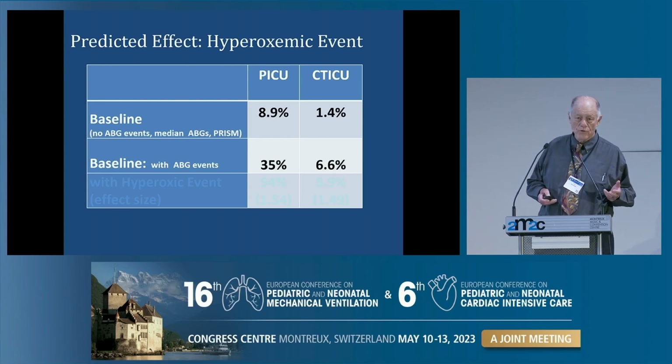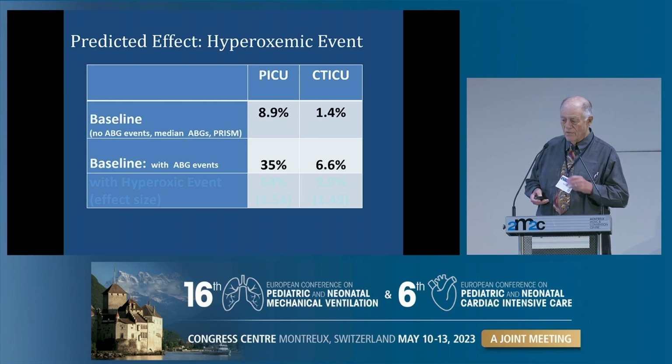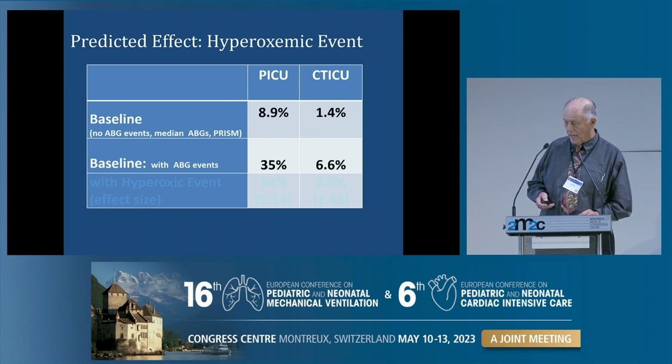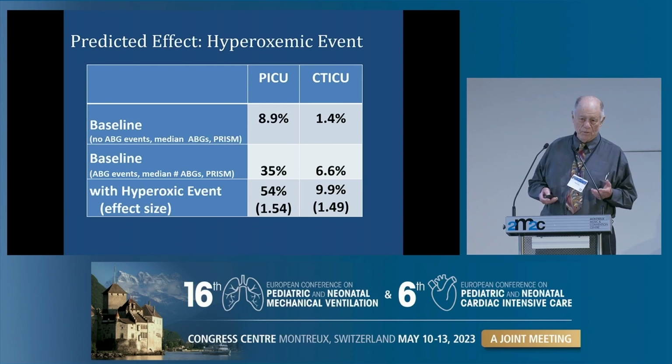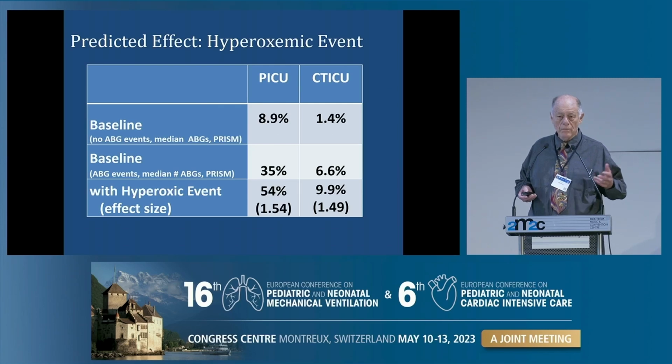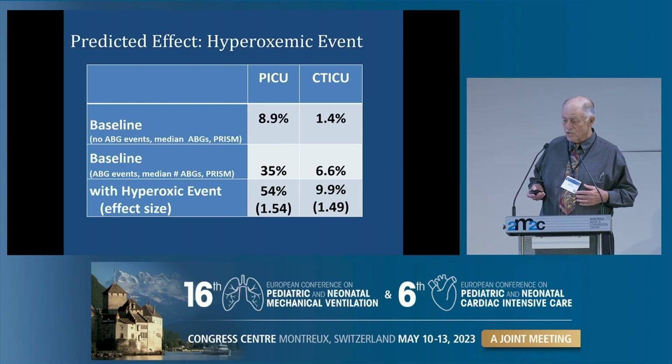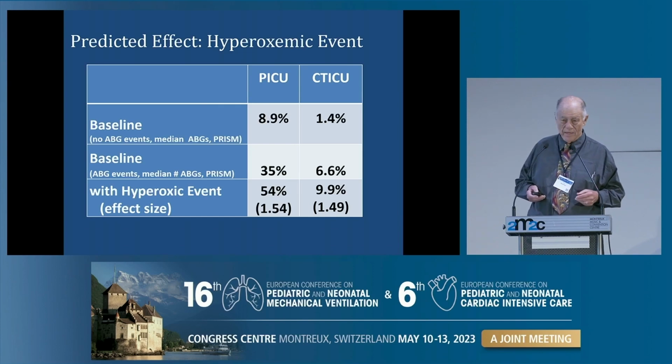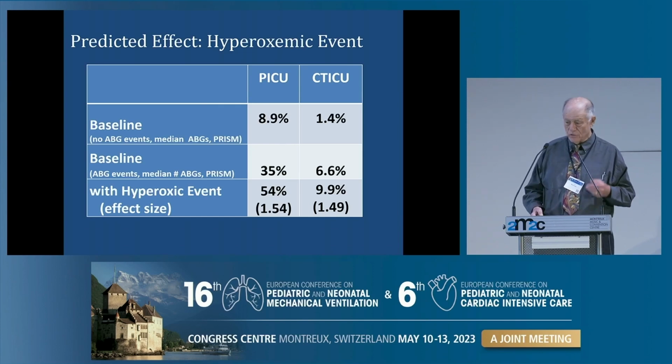It's almost quadruple the size. This does not include a hyperoxic event. When you add in a hyperoxic event, you get a 50% increase in mortality. This carries forward, in both of the units are essentially the same, although the step increases are slightly bigger in the cardiothoracic patients.